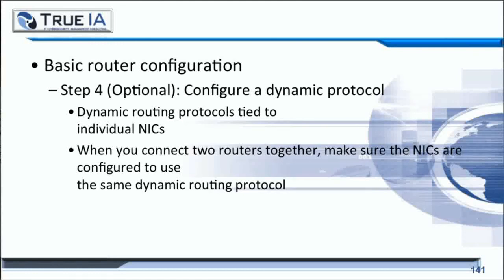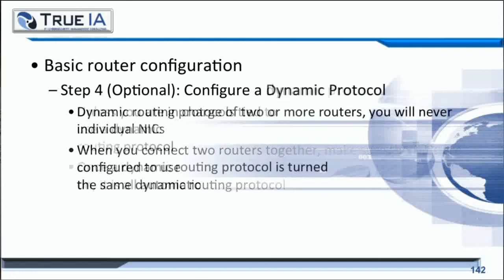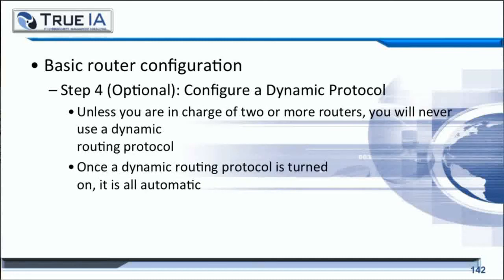And next, and this is completely optional, you'll configure a dynamic protocol. Remember, dynamic routing protocols are tied to the individual NICs. When you connect two routers together, make sure the NICs are configured to use the same dynamic routing protocol. Once the dynamic routing protocol is turned on, the rest of it from there is automatic.